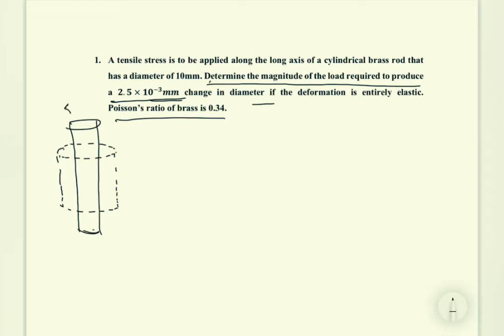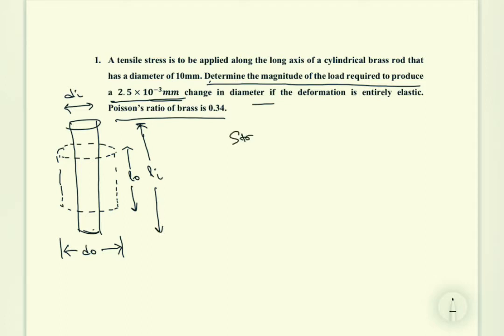So the final diameter, suppose d_i, and the initial diameter is d naught. Then the initial length, and this is the final or instant length, that's why I am putting i.